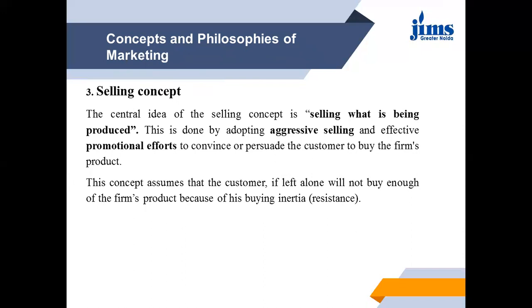So whatever I create, my focus should be on selling it by hook or by crook. And this is done by adopting aggressive selling and promotional efforts to convince or persuade the customer to buy the product by hook or by crook.